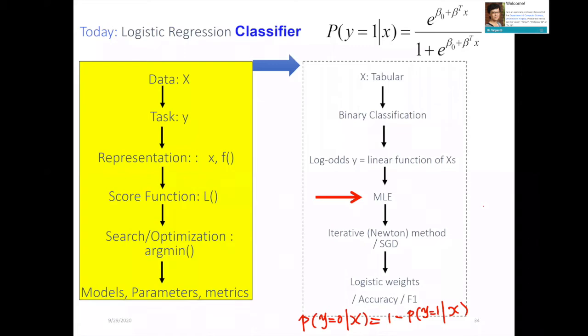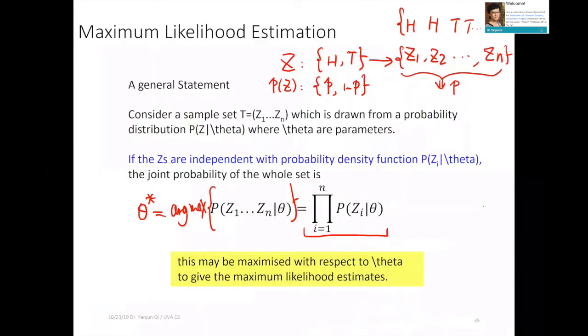I have the representation, and then how do I measure the loss or the cost? When you have this kind of probabilistic formulation, the most natural way is in fact the likelihood function. We reviewed maximum likelihood estimation, and I hope you still remember a little.